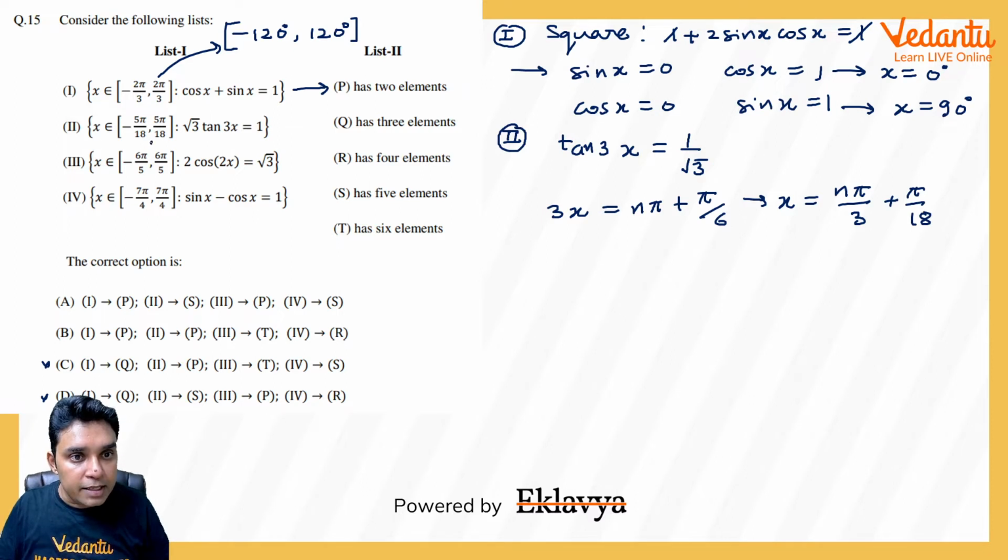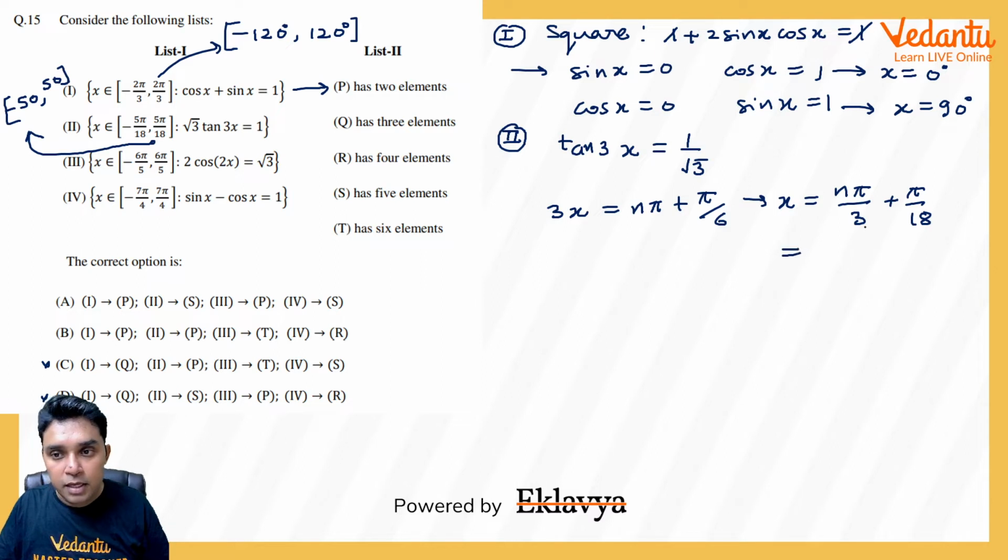These angles they have given us, if I write them in degree, are minus 50 to plus 50. Let me write this also in degrees. Pi is 180, so this will be 60n plus 10 in degrees. Now I can choose n to be 0, so I will get 10 here.